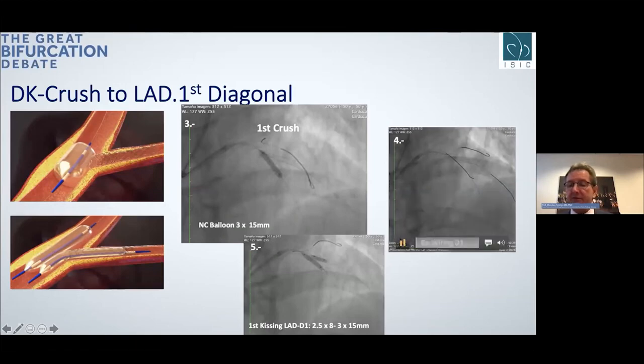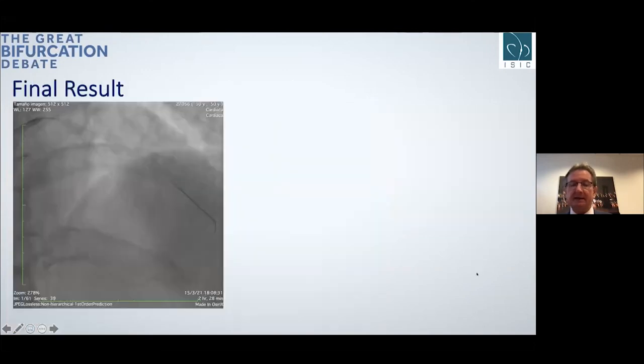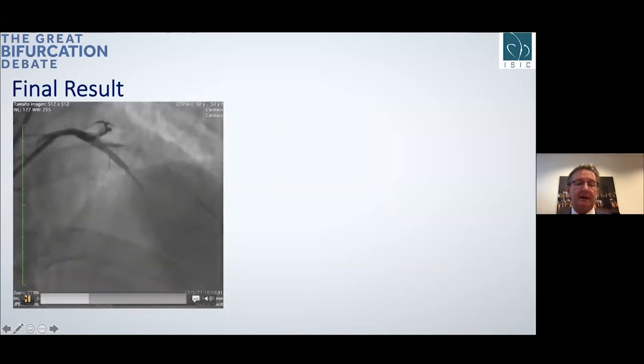Maybe just to show you, it should not be located in the carina region, but the crossing should be more in the middle of the stent or proximal. First kissing, that's clear. Then the stent in the main branch, POT, rewiring, and finally second kissing and final POT. And this is now the final result.